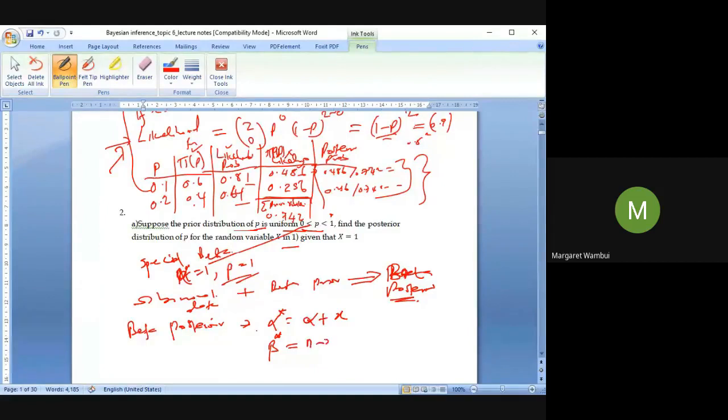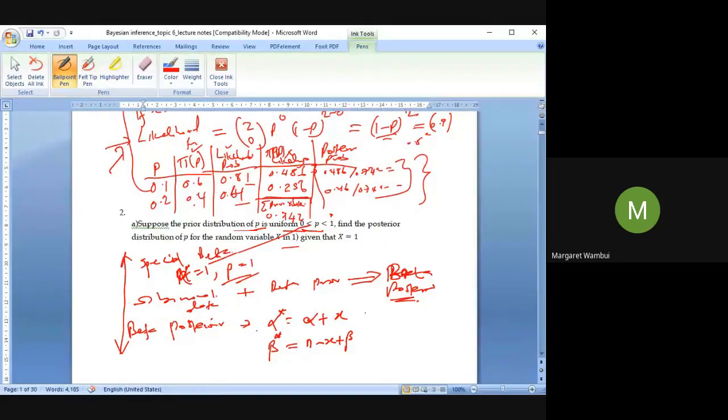Yeah, n minus x plus beta. If I have a sample, I would have the summation of x here. But when it is just a single observation, then this is what I will have. So in our case here, I don't have to work it out because we worked it out in class. I can make a conclusion directly.